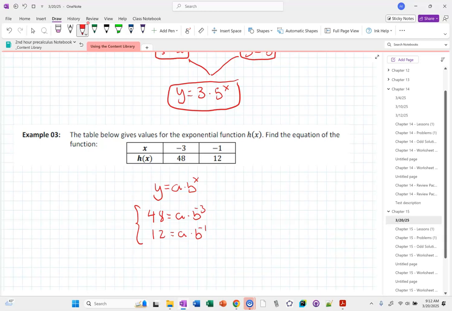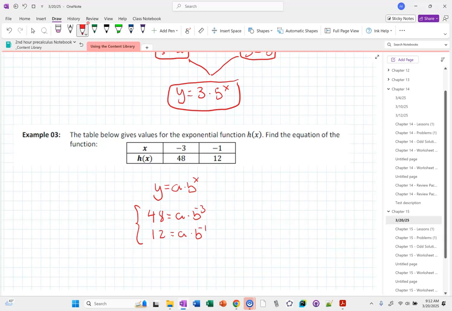This system here is a little bit different than the ones you looked at in Algebra 2, because in your systems, your variables were being added or subtracted to one another. You had 2x plus 5y equals 7, and then 3x minus 6y equals 12 or something like that, right?